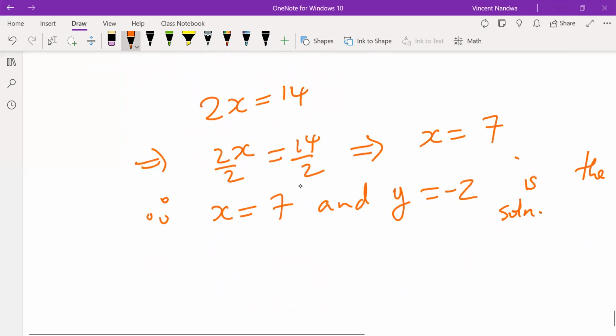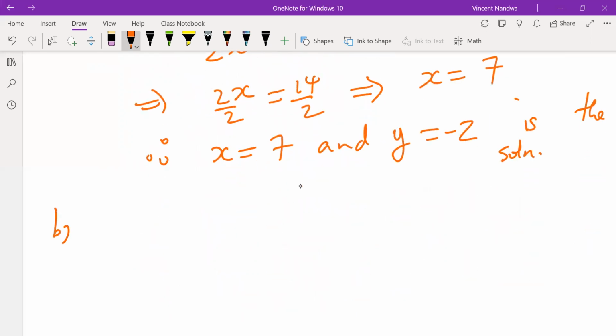Example 2b. So we have 3w minus y equals 14, and then 2w plus y equals 1.